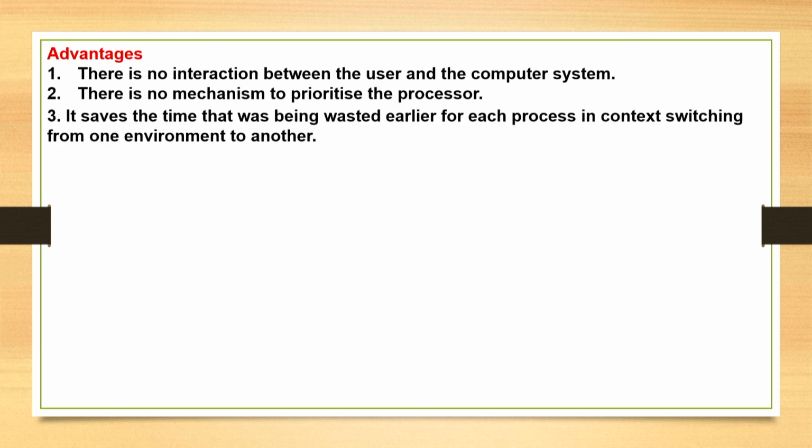What are the advantages of this batch operating system? There is no direct interaction of the user with the computer system. It is through the computer operator, because users submit their jobs to the computer operator, who makes batches of similar type of jobs and submits them to the input device of the computer system for execution.